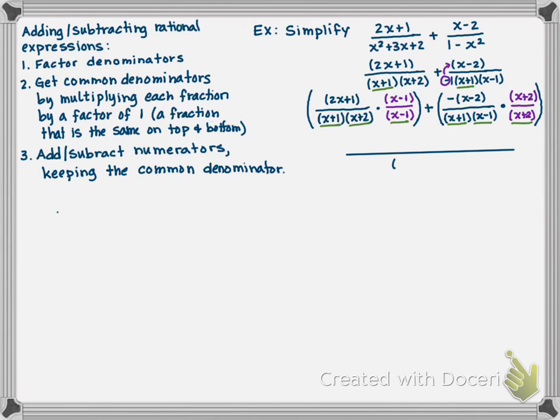So our denominator is x plus 1 times x plus 2 times x minus 1. The order that you put those factors in doesn't matter at all.